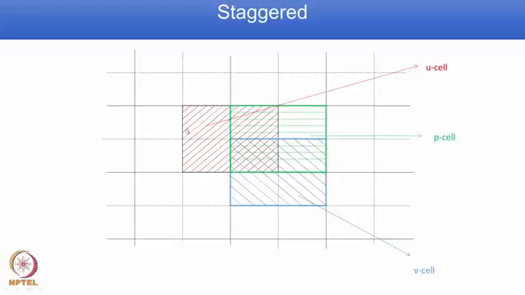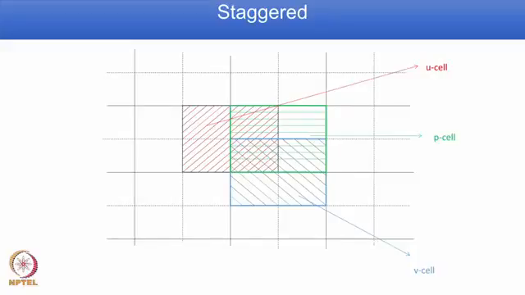What is shown here is first the U cell, marked in red color, then the V cell, and then the P cell. Each variable is stored at a different location, and the pressure cell is at a different location.